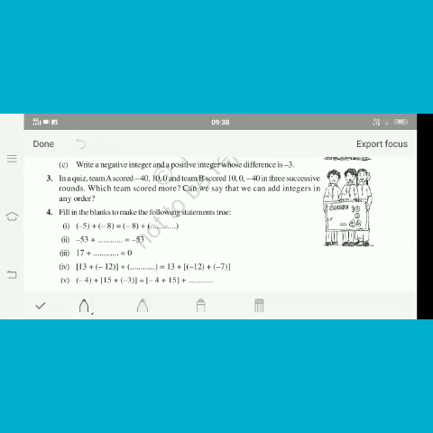The commutative property is the property by which a minus b is equal to b minus a.